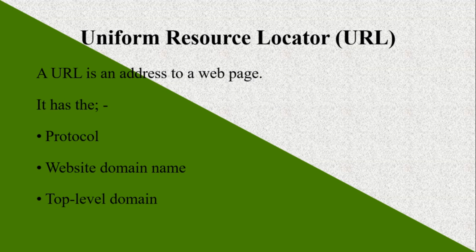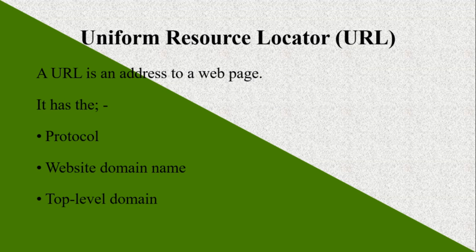Every home must have an address, just the direction that takes you to that home. Now we are saying a URL is an address to a web page because the web has quite a number of websites and web pages. A website has very many web pages hosted on it.